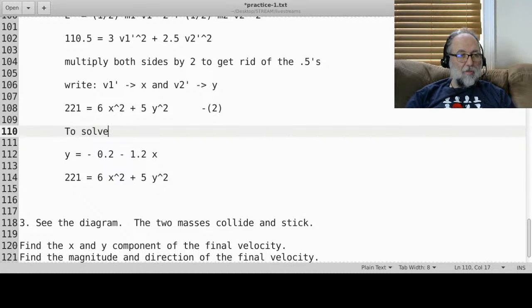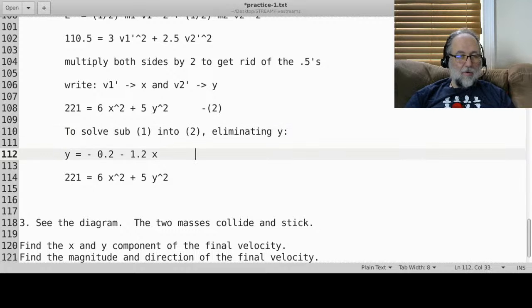To solve, substitute equation number 1 into number 2, eliminating y. Okay, so here's equation number 1, just to remind you, and here's equation number 2, just to remind you what that one looked like.